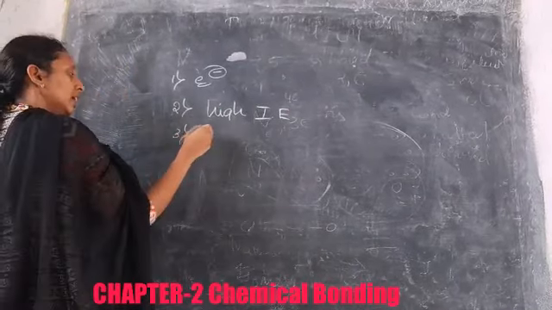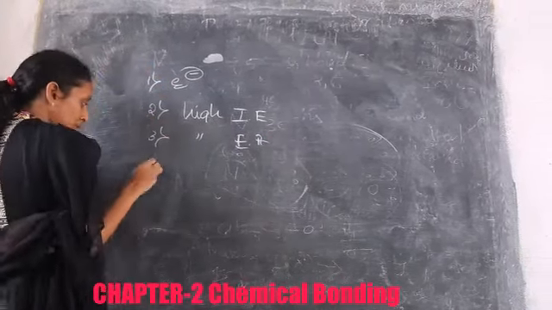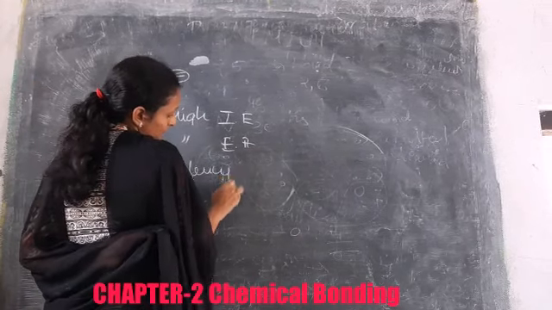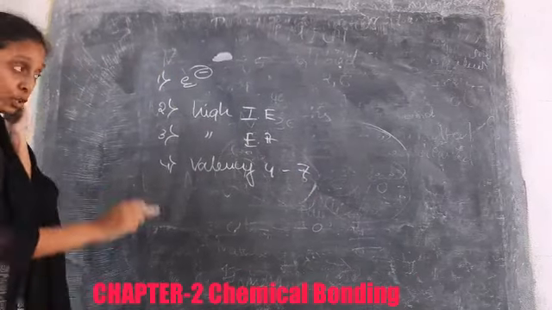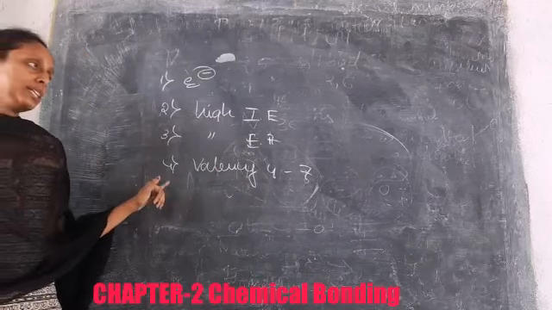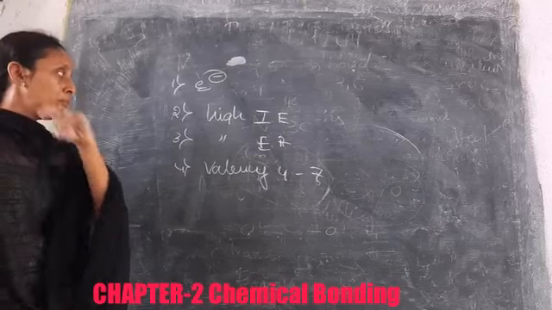Third thing is it will have high electron affinity. And the fourth point is the valence electrons will be 4 to 7. Only those which have valency 4 to 7 will undergo covalent bond. So these are the 4 causes for the covalent bond.